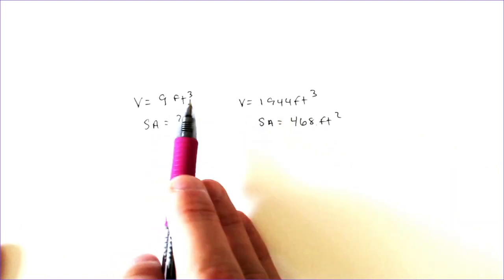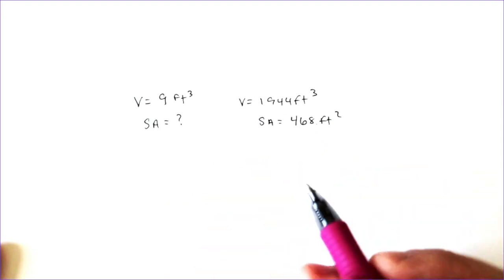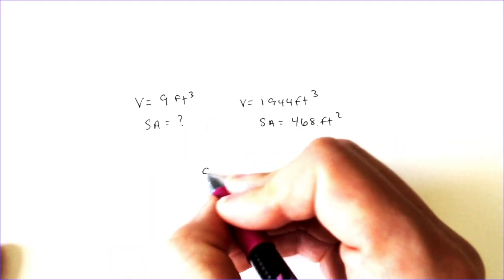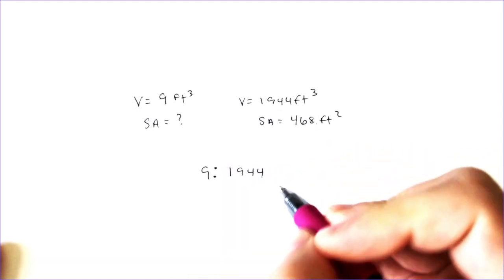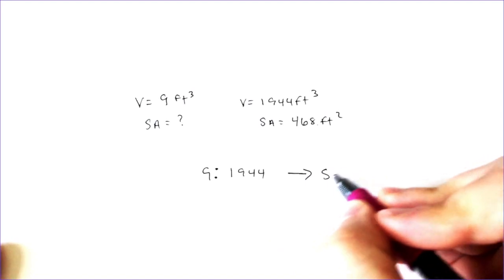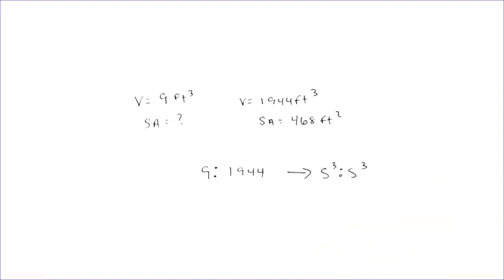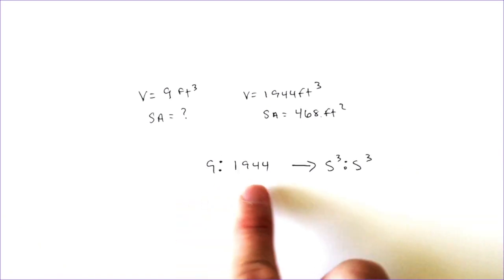Okay, so if we're given the volume, then we do know that 9 and 1944 in some way is going to be equal to the side cubed over the side cubed. And what you want to do first, before just cube rooting, is simplify this ratio.